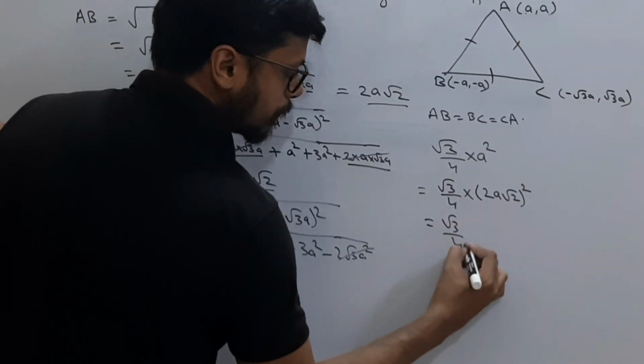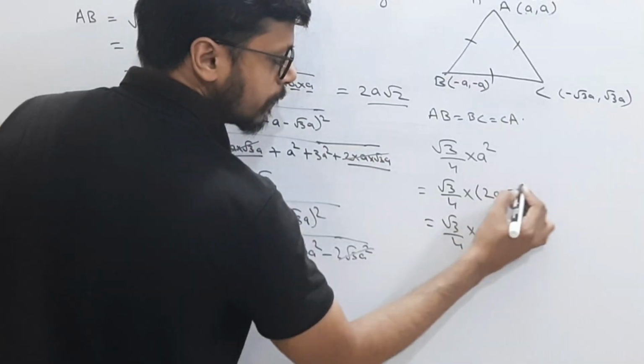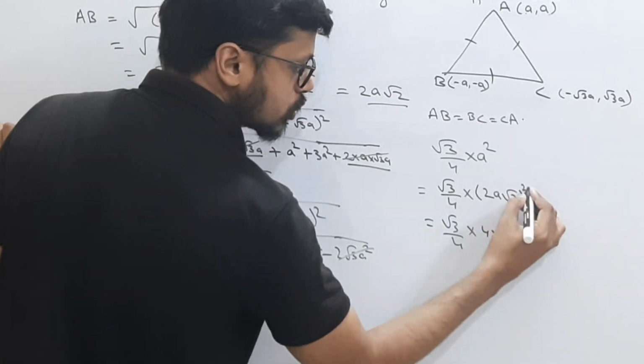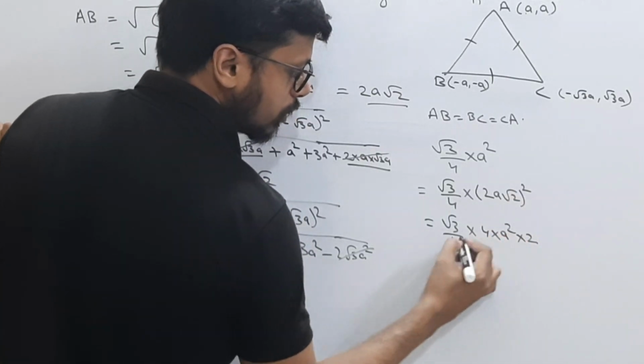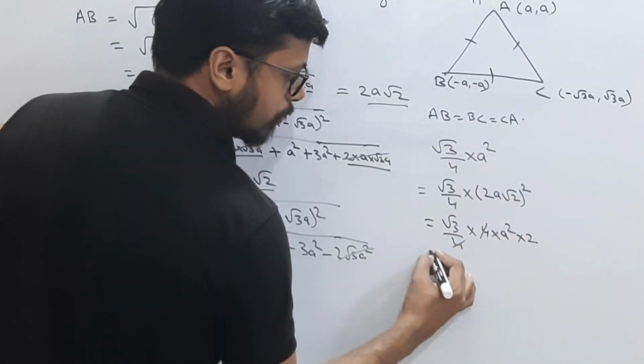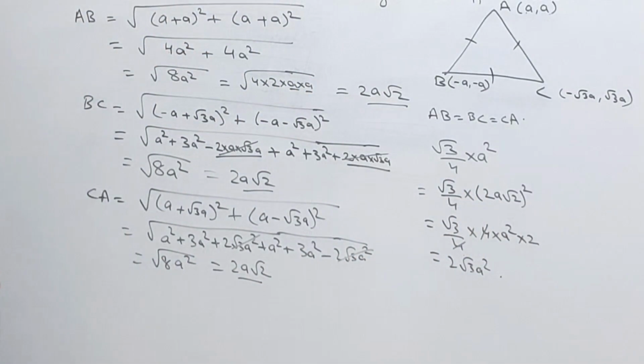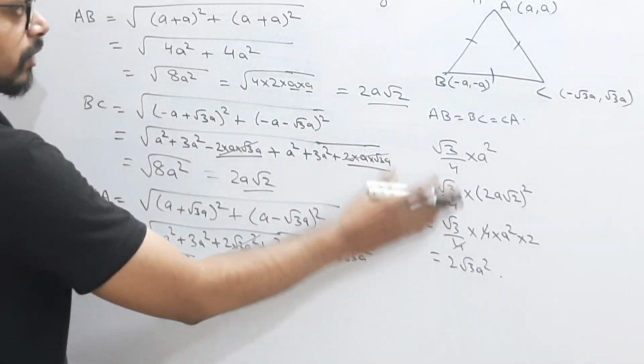Here you can solve it: 2 square is 4, a square is a square, root 2 square is 2, so 4 into 2 is 8, 4 and 4 cancel, and it will come 2 root 3 a square. That's the final answer of our question. 2 root 3 a square is the area of the equilateral triangle.